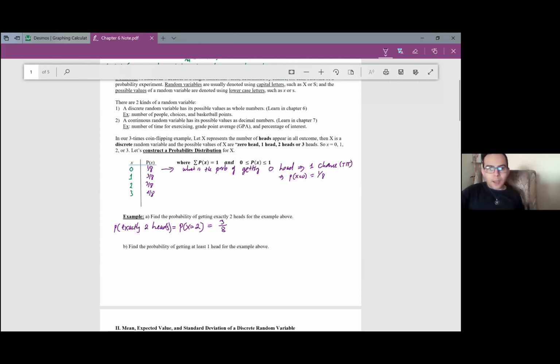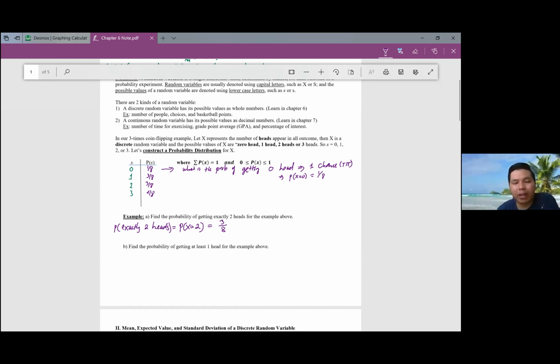If it's at least 1 head, then basically the only thing we can't get is no heads. 1 out of 8, so 8 out of 8 minus 1 out of 8. So I'm using the rule of complement, yeah? Kind of. You could also just easily do 3 plus 3 plus 1. Yeah, so that's the direct way, or you can use the rule of complement. All right, very nice, Grayson.